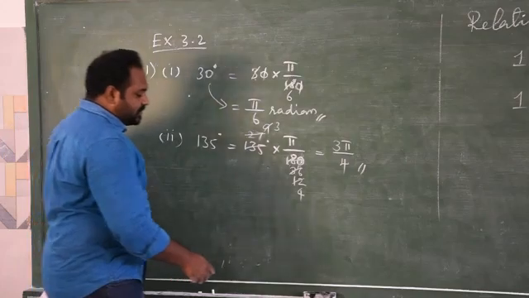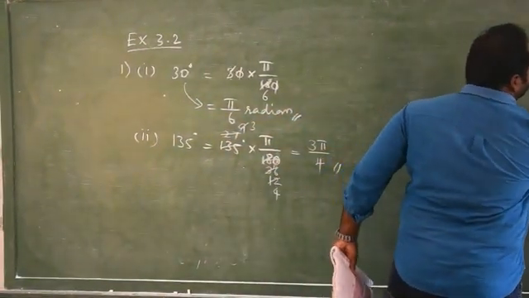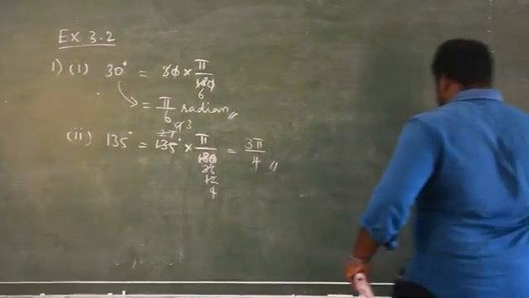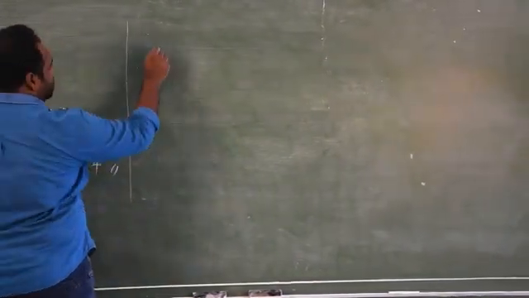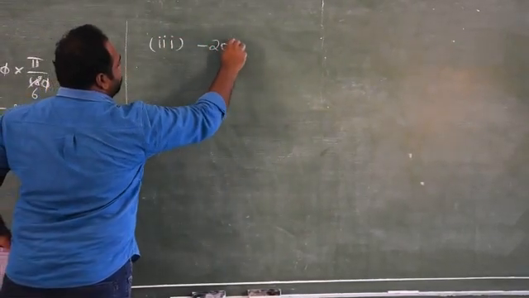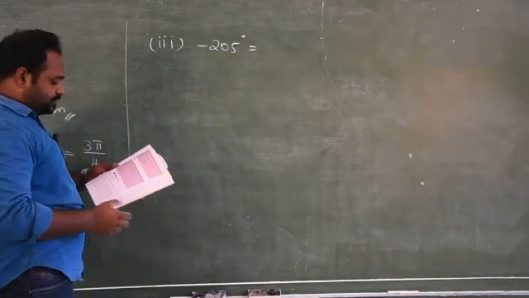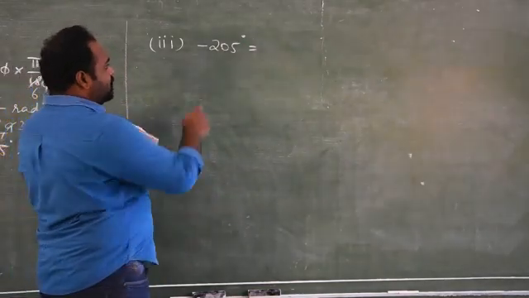Next question, subdivision number 3. Minus 205 degree. You don't bother about that negative value.